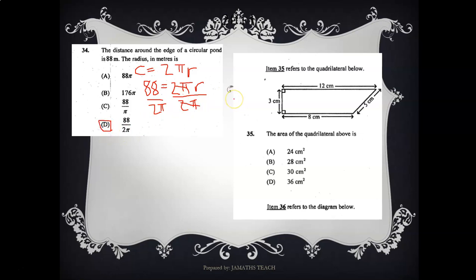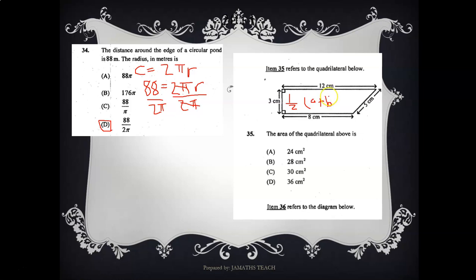D. Number 35. The area of the quadrilateral above is... If you look at the quadrilateral, you should realize that it is a trapezium. It has one pair of parallel sides. Area of a trapezium is half a plus b times the height.